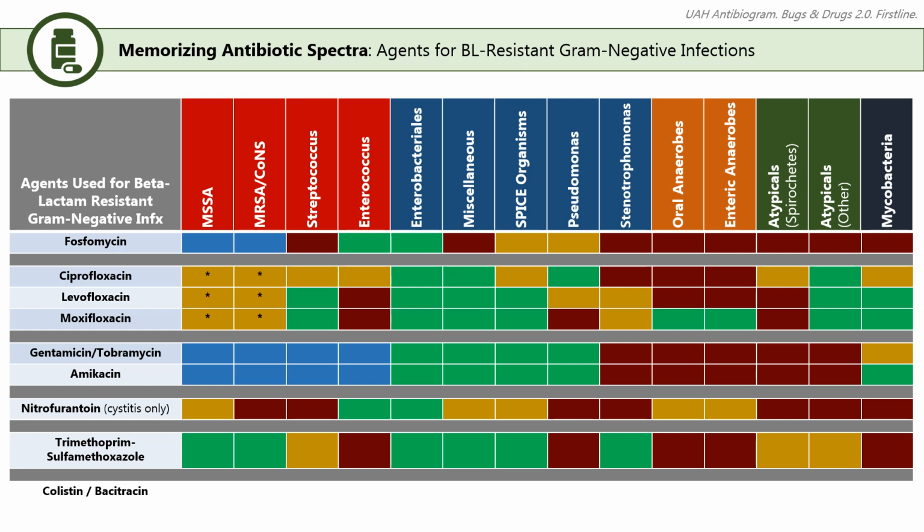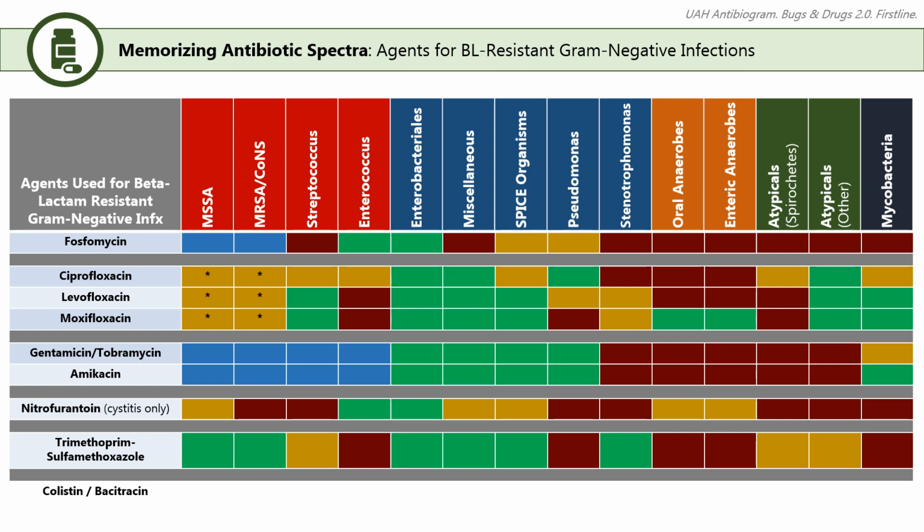TMP-SMX has good activity against MSSA and MRSA, but nil activity against Streptococcus and Enterococcus. TMP-SMX is generally reliable for many gram-negatives, including SPICE organisms and Stenotrophomonas, but does not cover Pseudomonas. TMP-SMX in this way can actually be considered a quite broad-spectrum antibiotic.